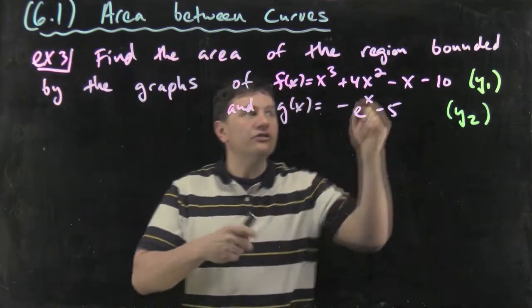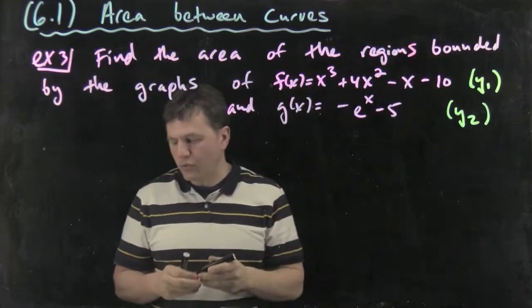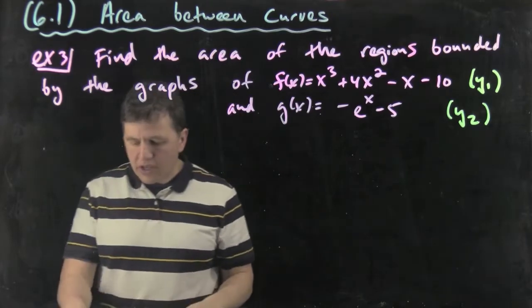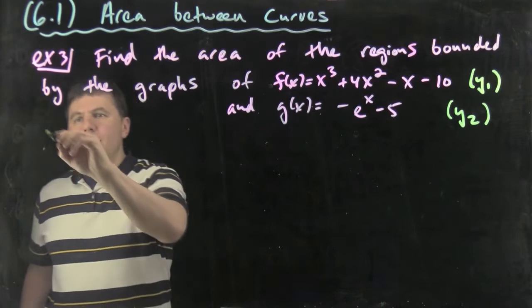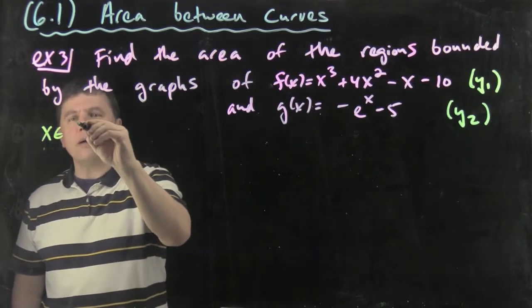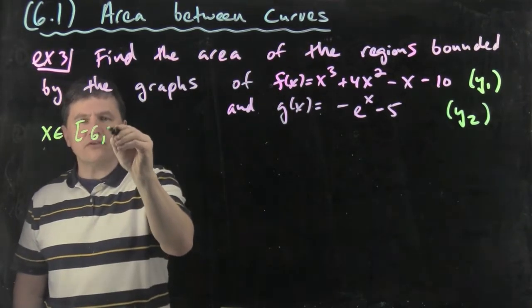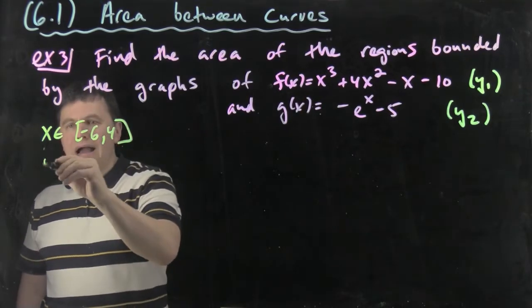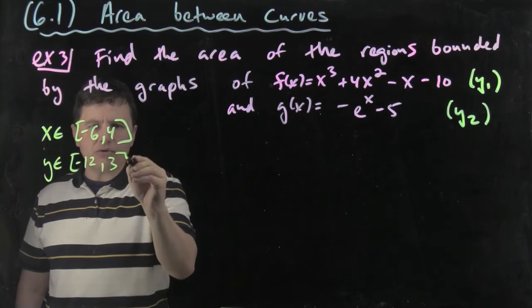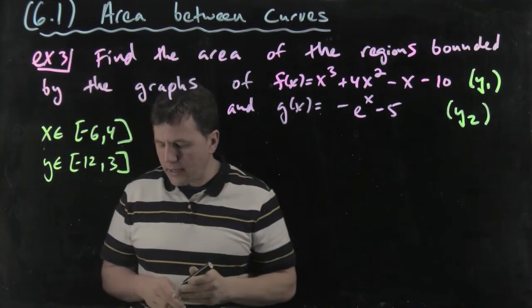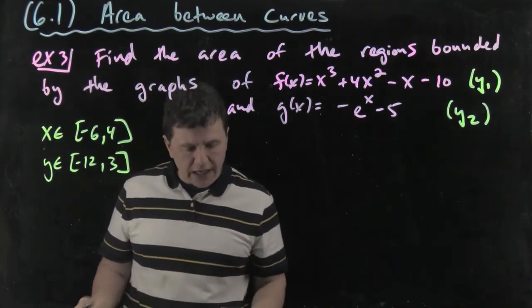And this is not region, this is regions, which we'll see here in a second. However, to get you a window that gives you a really focused look, if you go with x going from negative 6 to 4, and then y going from negative 12 to 3, you get a more focused look at these graphs.